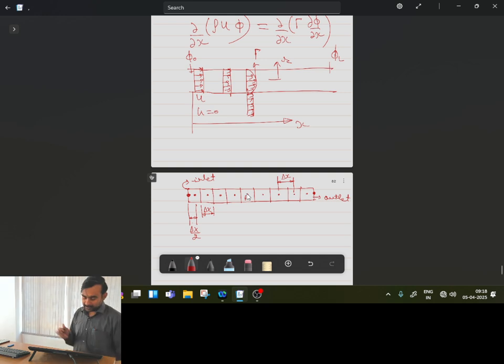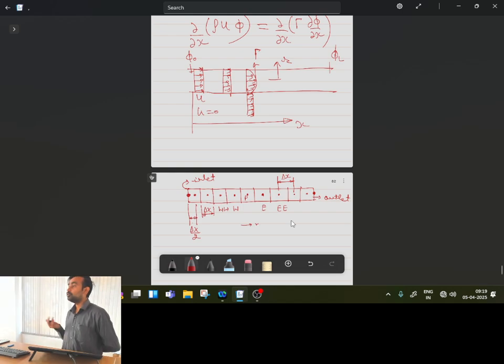Then the node which is to the east of the present node, I can represent with E. The node which is to the east of the east node, I can represent by EE. Likewise, here I will be having W, this is on the west, and this will be WW. Is this one clear? In this formulation, we are considering only the nodes in this direction because we are trying to solve the one-dimensional equation.